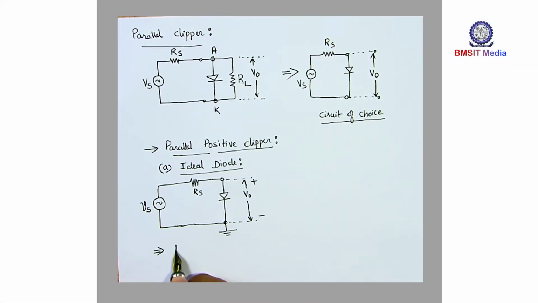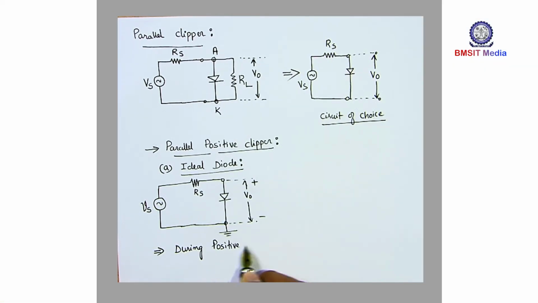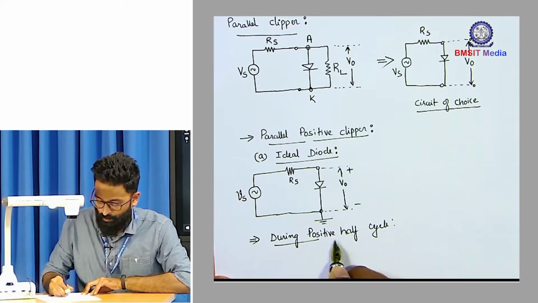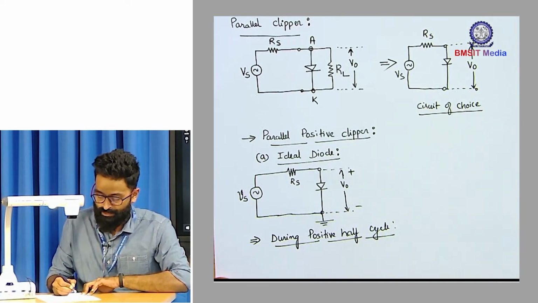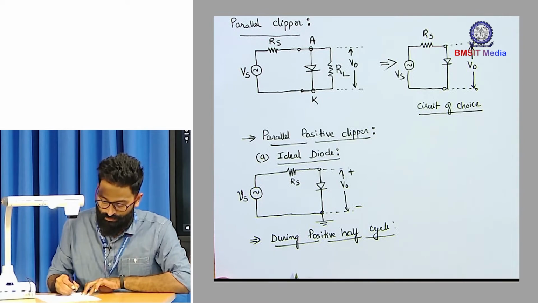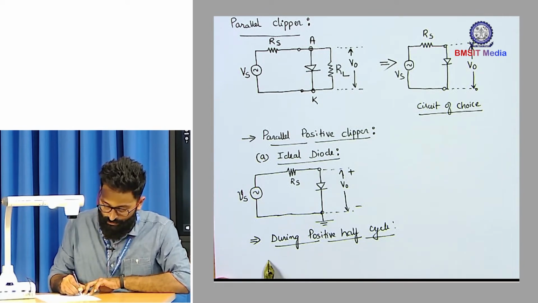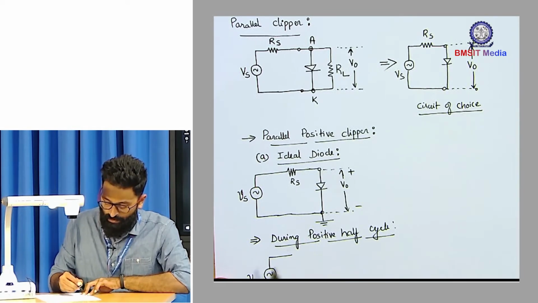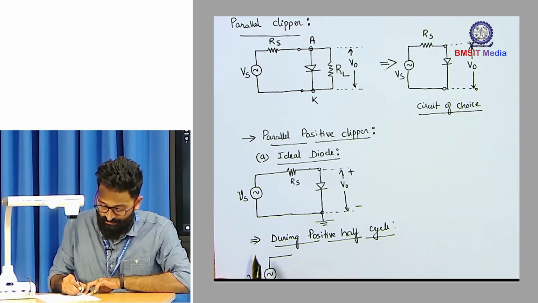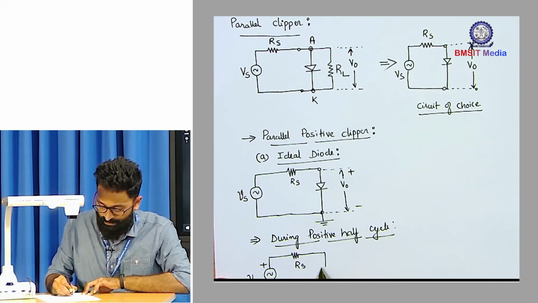Let's write: during positive half cycle. What happens to the circuit operation during the positive half cycle? We can assign the polarity for the positive half cycle: upper side positive and lower side negative. Then comes RS, then comes the diode.